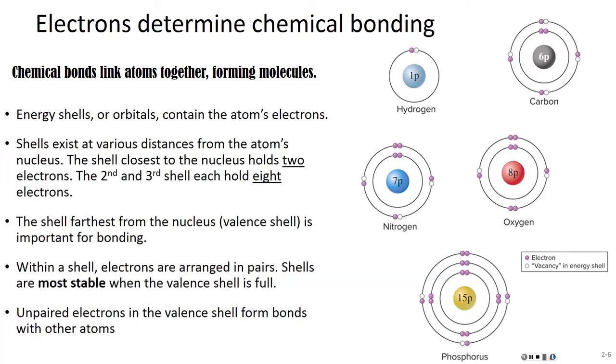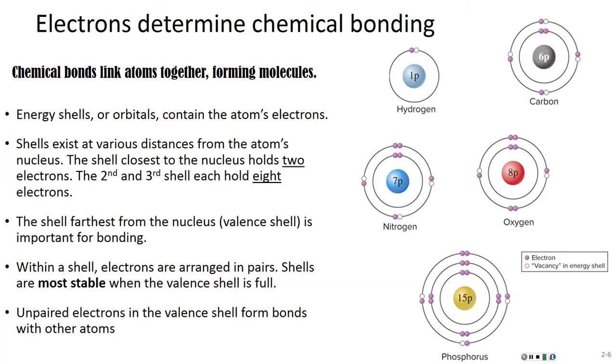But hopefully you're thinking, well, Chelsea, you just drew 8, but our atom only has 6 electrons. That's true. So if 2 of those 6 are in the first electron shell, how many should be in this second shell? Just 4. So this is what we call an electron distribution diagram.